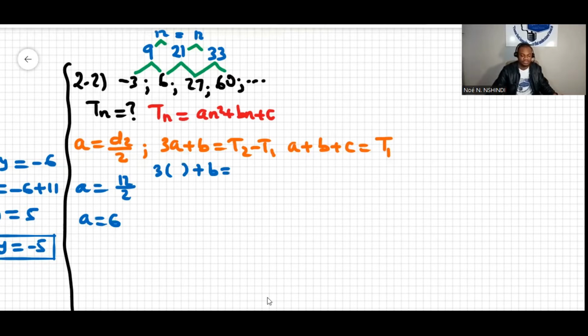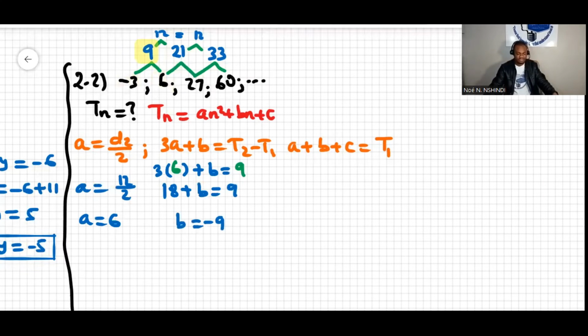T2 minus T1 is 9, so we sub 9 there, and the value of a is 6, so this will be 18 plus b equals 9, and that makes b equal to -9, because 9 minus 18 is -9.